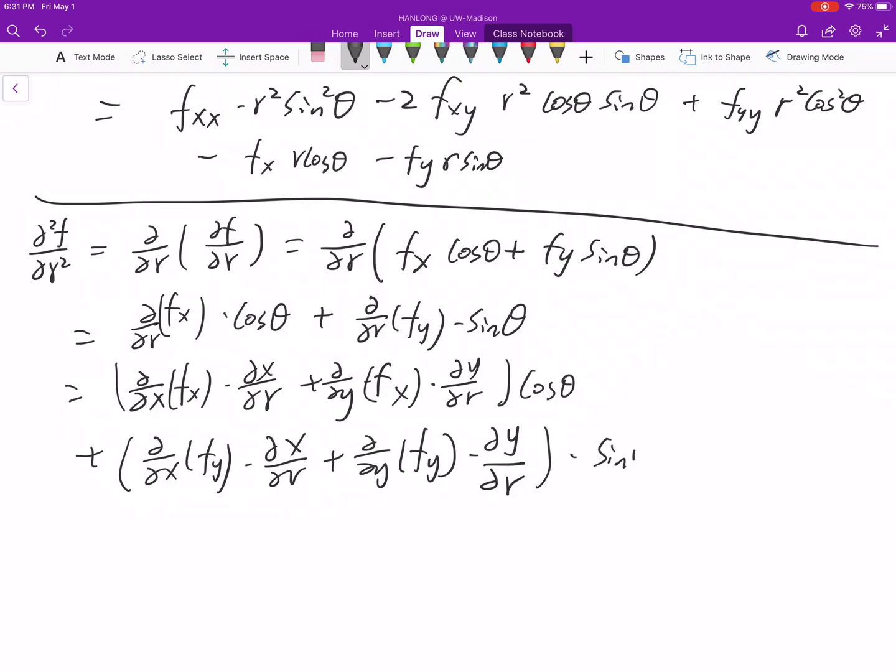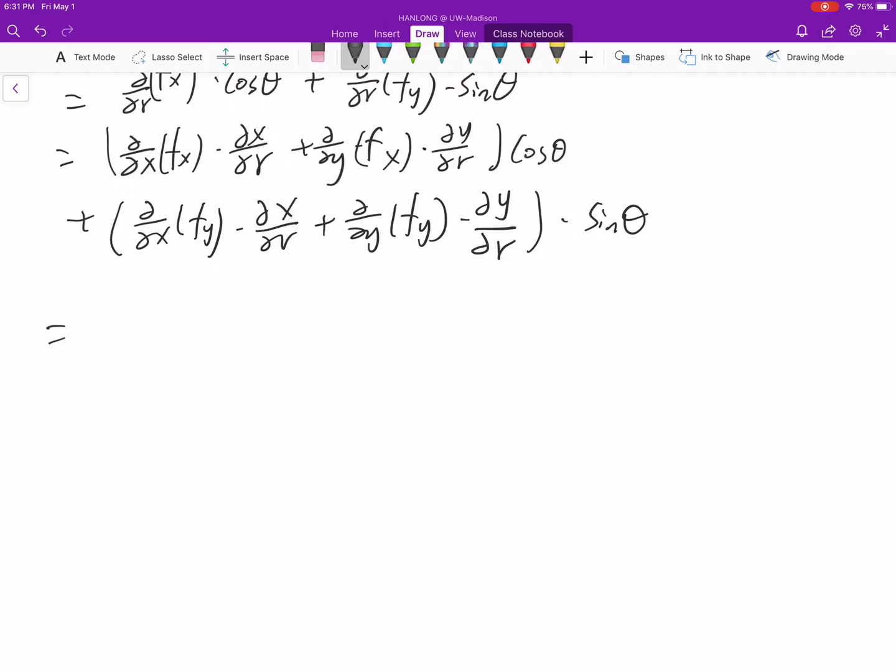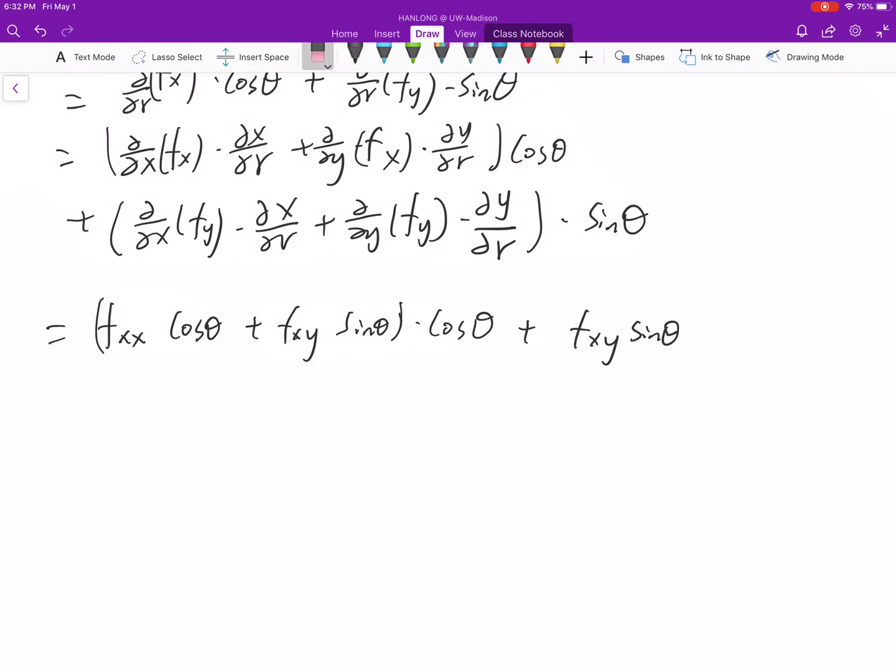times sine theta. Okay, then you have fxx cosine theta plus fxy sine theta times cosine theta, and plus fxy sine theta, cosine theta, plus fyy sine theta times sine.